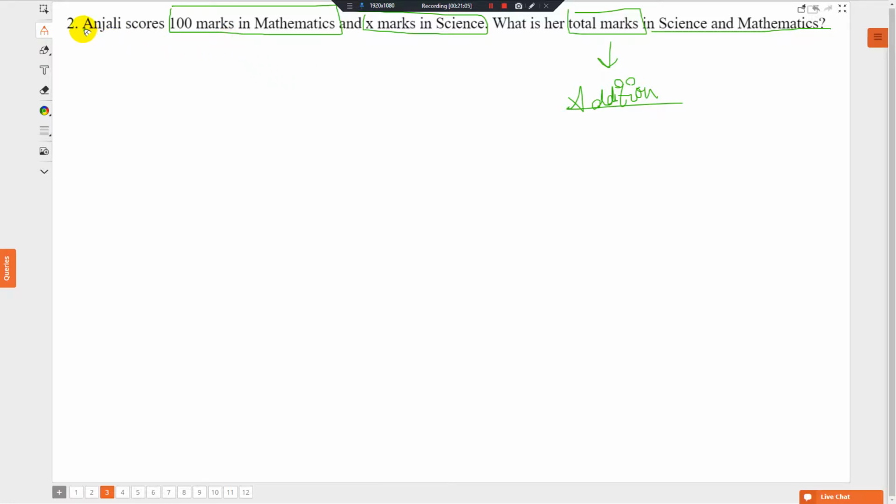Now, there's a girl, Anjali. She's a girl. In her classroom, she scores 100 marks in mathematics. Like we say that in our class, she had scored 46, she had scored 98. Like that she scored 100 marks in a particular subject called mathematics.